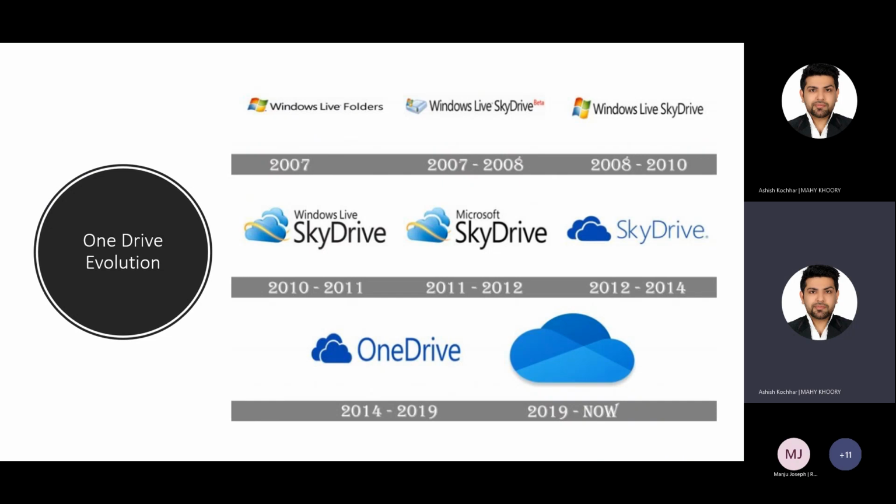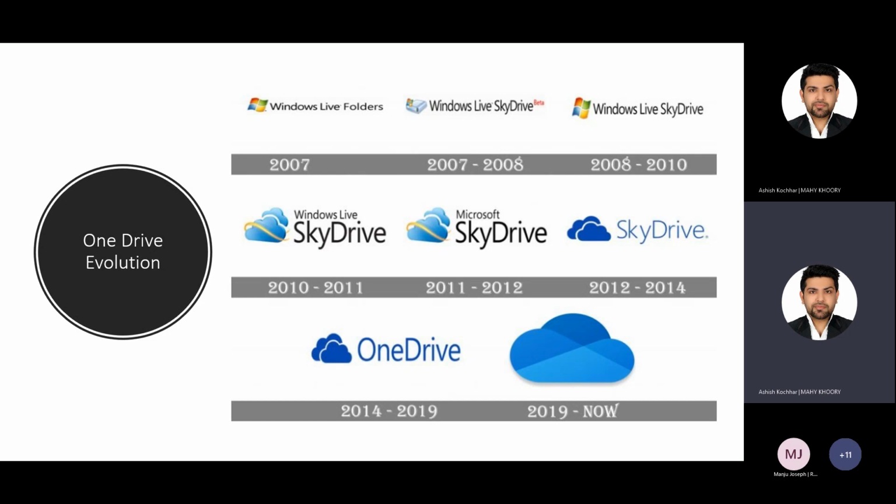This is the OneDrive evolution. You can see how the logo of OneDrive looked in 2007. After that it became Windows Live SkyDrive. You might have heard about this SkyDrive thing. It was nothing but OneDrive, but initially it was known as SkyDrive. So 2007 to 2008 it's SkyDrive, and then 2008 to 2010 again it's Windows Live SkyDrive.